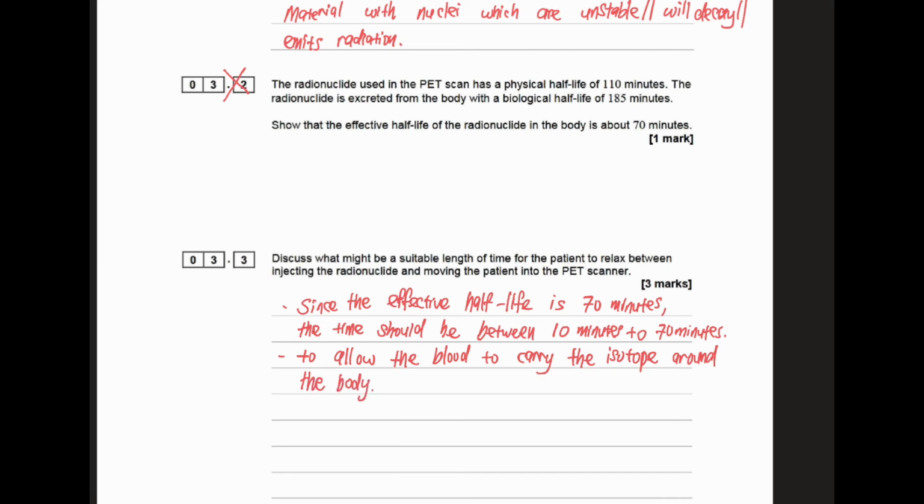Okay, imagine from the point when you do injections, the blood needs to carry the isotopes around the body, and then to allow the isotope to be taken in by the body part to be investigated. Okay, now let's move on.